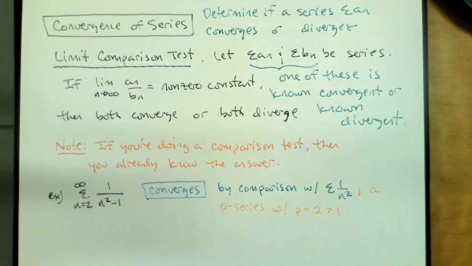So now we can't use the comparison test, because 1 over n squared minus 1 would be the larger series. The terms here are bigger than 1 over n squared. So we should note that we can't use a comparison test.